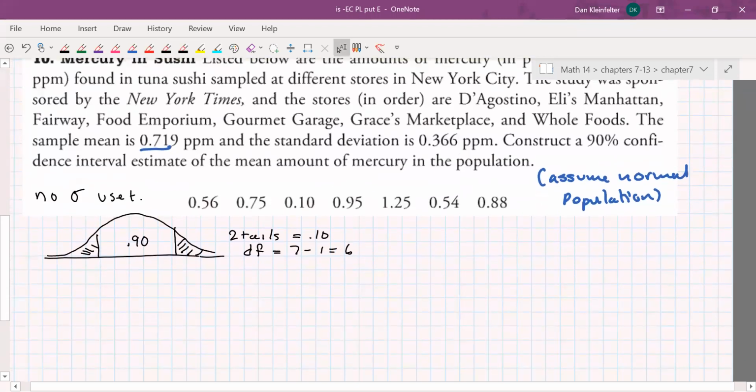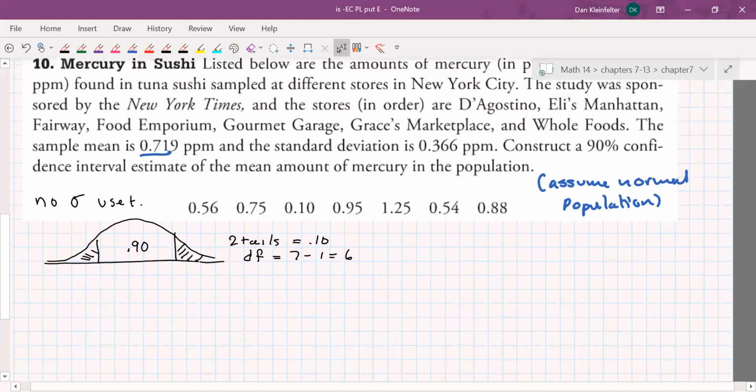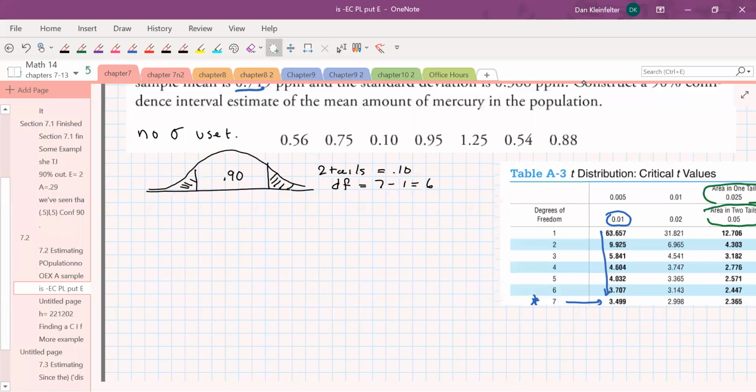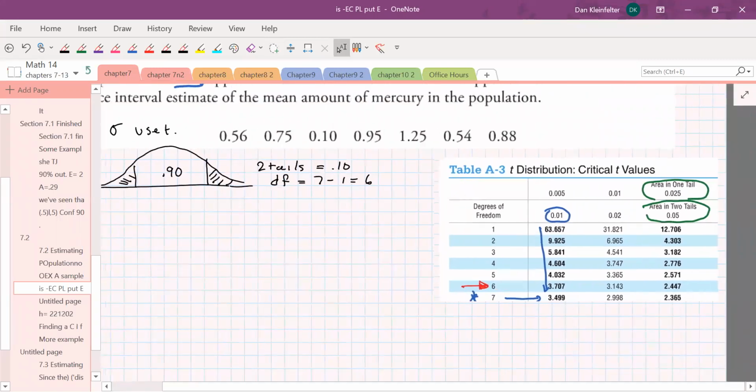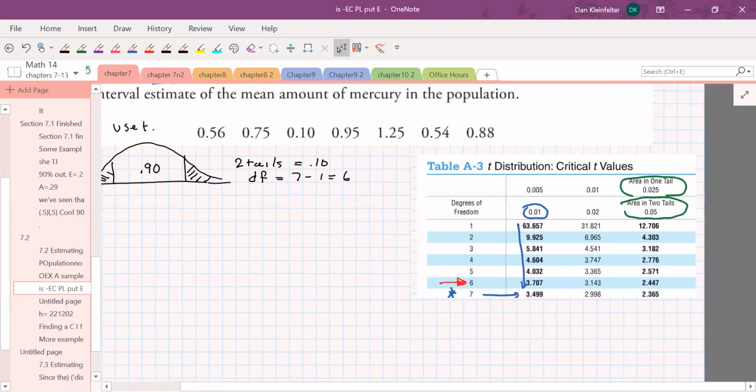Okay, and so we'll need to look up the value in our table. So let me get that. All right, so taking a look in our T table, our degrees of freedom was 6. And our area in two tails was 0.10. I didn't grab the right column.